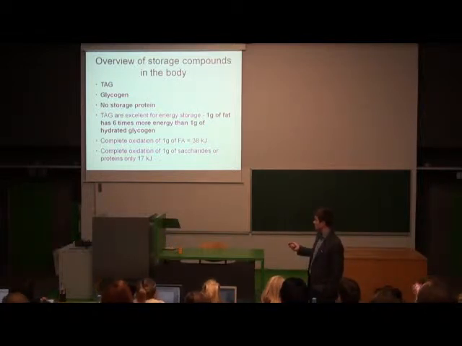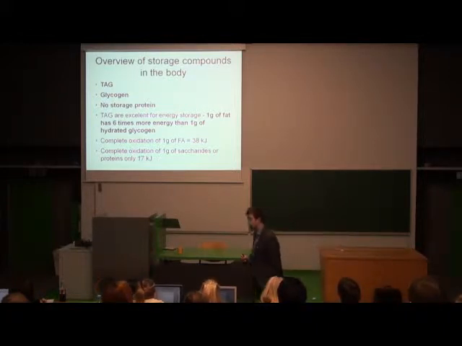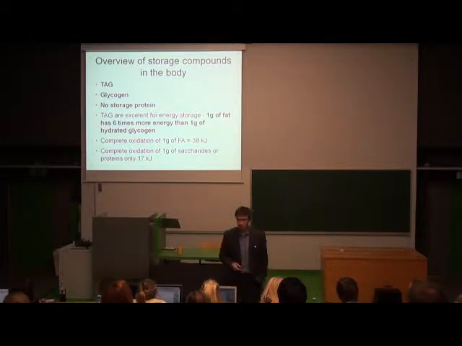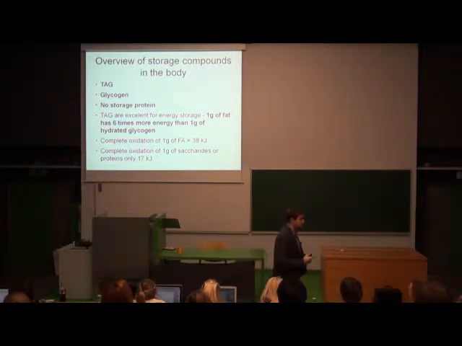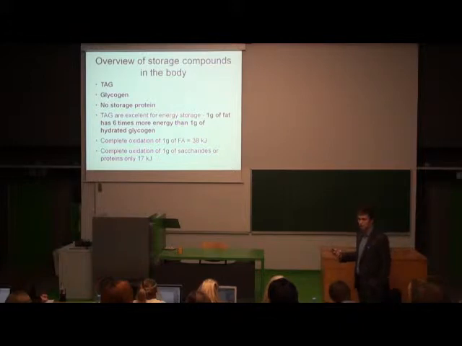By complete oxidation of 1 gram of fatty acid, you gain approximately 38 kilojoules. From 1 gram of saccharides or proteins, you get 17 kilojoules, yes? Fatty acids are more reduced than amino acids or than saccharides, yes? And the more reduced, the more energy inside.